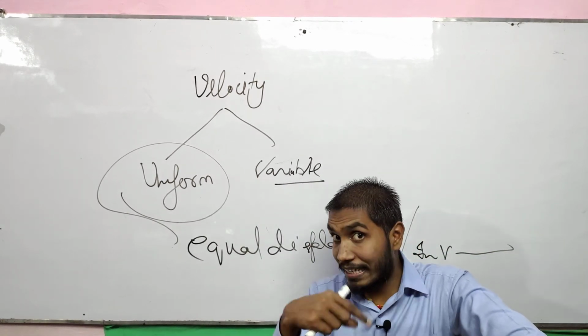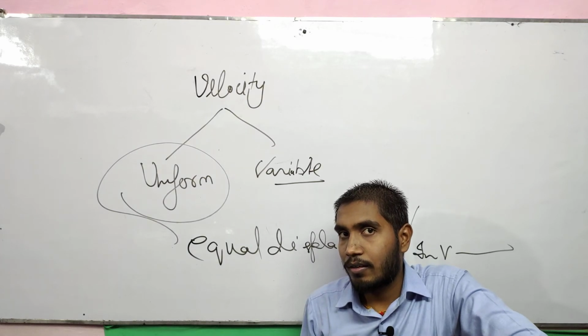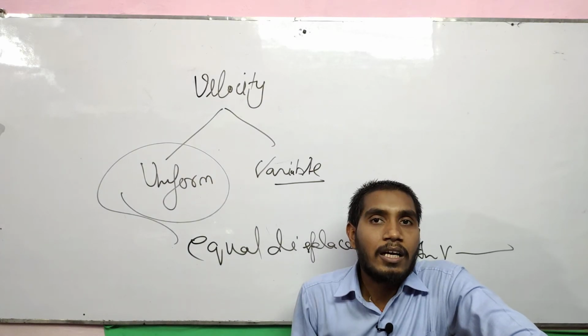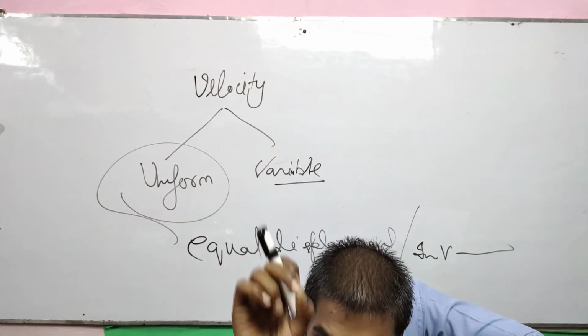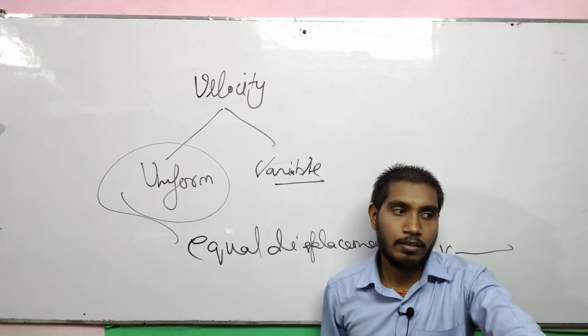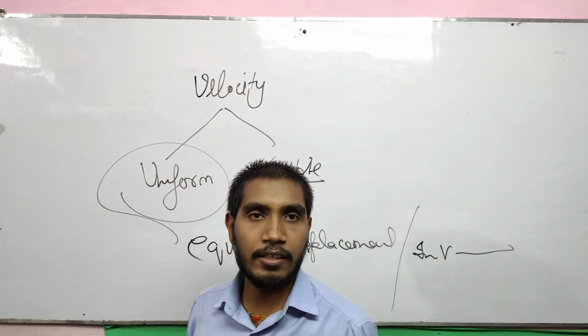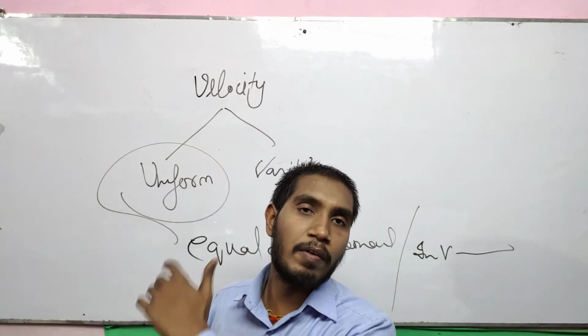Understood? Once again, when the object experiences equal displacement in equal intervals of time, then its velocity is said to be uniform velocity.